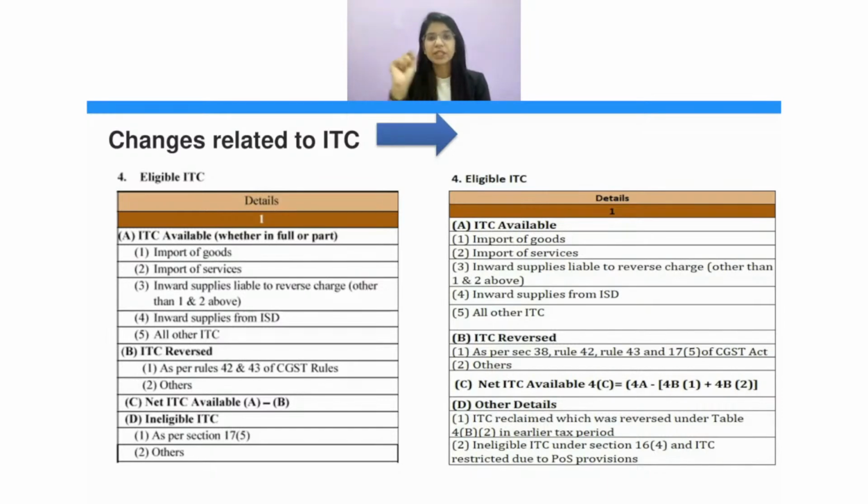Whenever there is a mismatch between these two, when you download your GSTR-2B, you would see that this is categorized as ITC not available as per your GSTR-2B. So this is considered as ITC not available. Here we know that as per section 16, we can claim ITC only on the transactions which are coming in your GSTR-2B as ITC available.